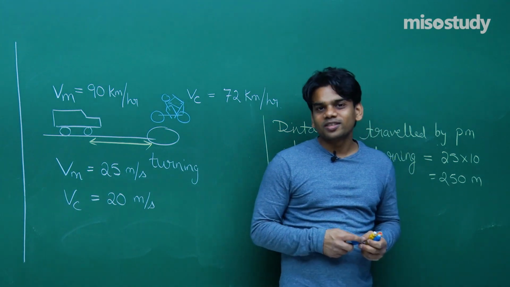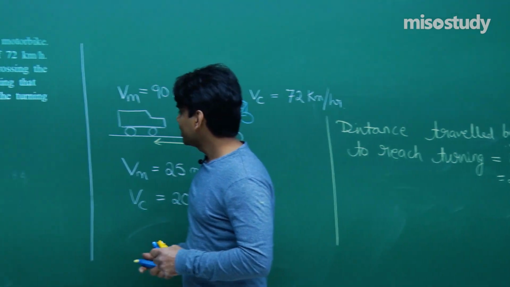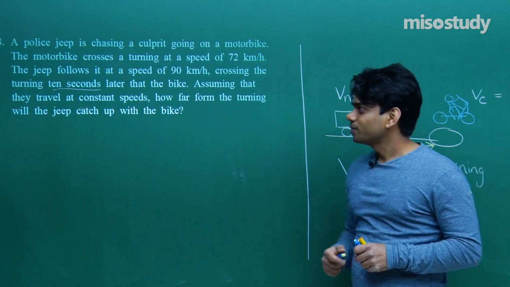Speed into time will give the distance because the policeman is only traveling.